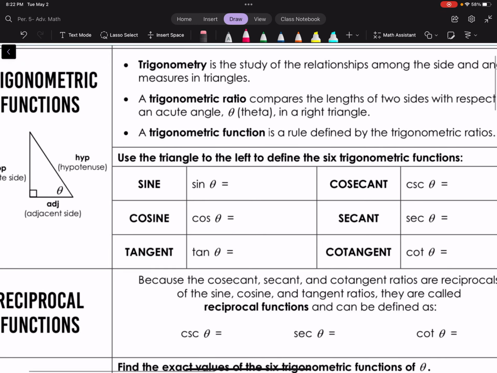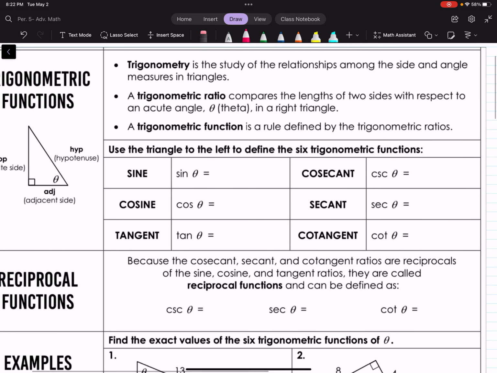Okay, so what is the sine function defined as? The sine of theta is equivalent to the opposite over the hypotenuse. The cosine of theta is defined as the adjacent side over the hypotenuse. And then the tangent of theta is defined as the opposite side over the adjacent.